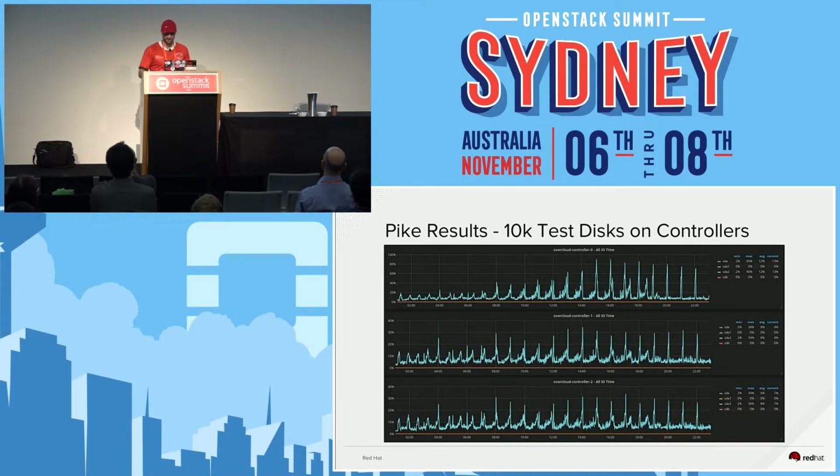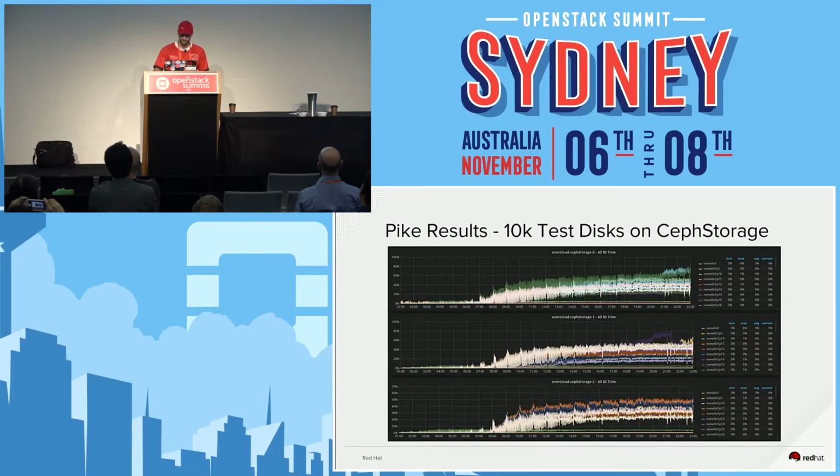Here's the disk IO utilization on the controllers. What you're seeing there is really logging and IO for the database. And then this is the disks on the Ceph storage, so definitely a lot more utilization for the number of OSDs that we have.